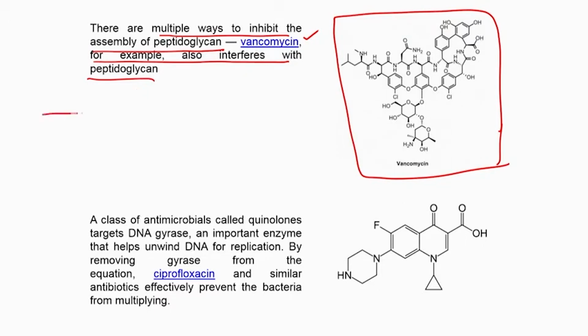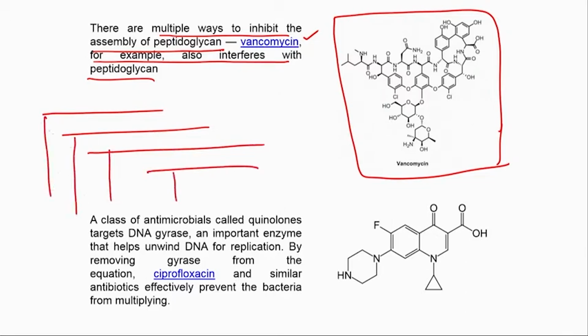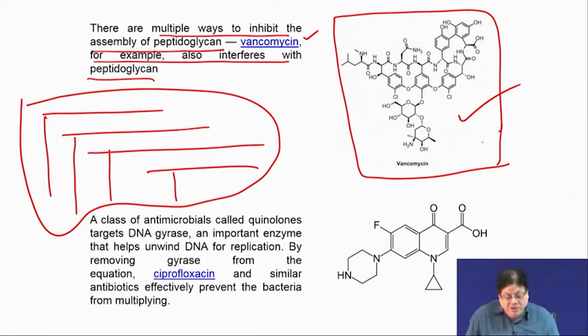Assembly means, you have the glycans like this, and then you have these peptides hanging from this. Okay. So, that assembly has to be perfectly positioned. So, that is inhibited by vancomycin. It is a big molecule, but again it is an antibiotic produced by a microorganism.